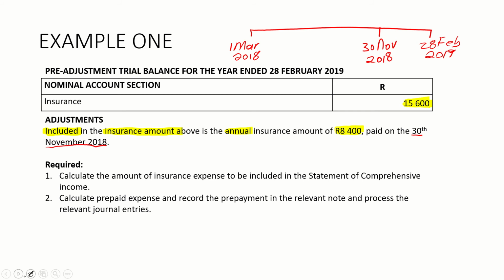Meaning for the current year, we are only covered from the end of November to the 28th of February.